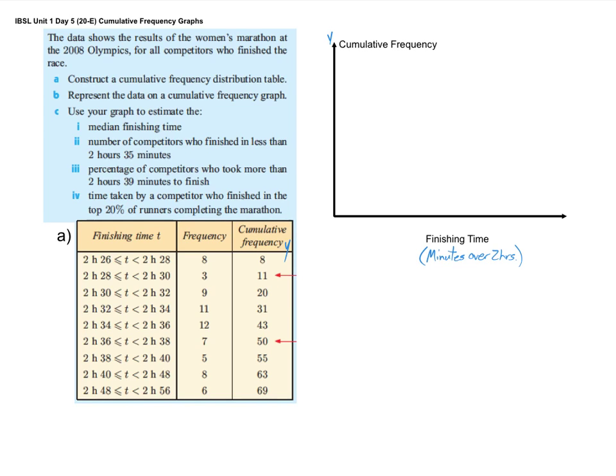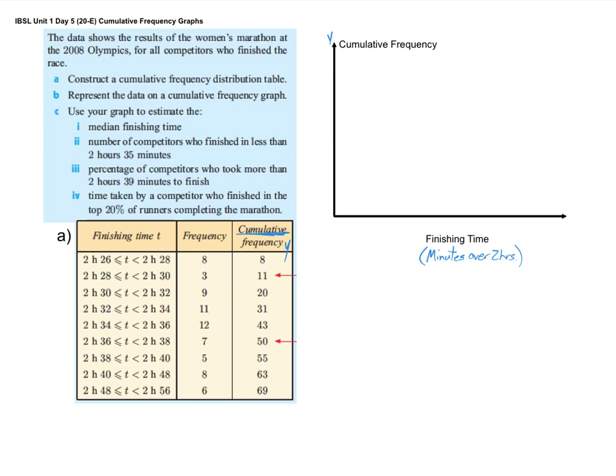What do you notice about these numbers? Increasing. They're increasing, which makes sense because it is cumulative, all right? Your cumulative graph will never go down at all. You can't have negative people in a category, so you're not going to lose anything when you're doing cumulative frequency.